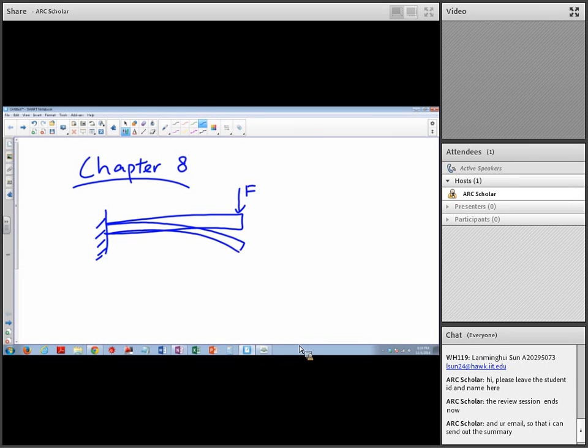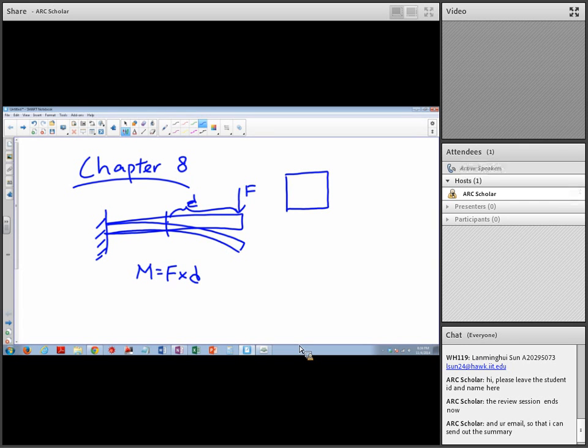There is moment at any point of the bar, because moment is just force times distance. Let's say at this point I have to look for the moment, this will be the distance. After we get the moment at this plane, let's cut it through, and this is the cross section up here.